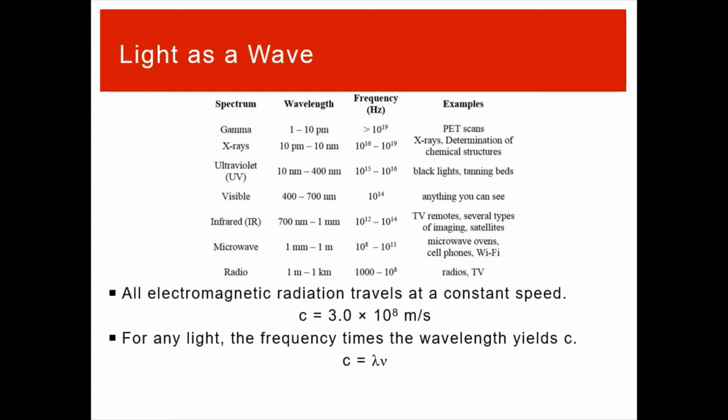And so to put all this together, we can have the equation that c is equal to lambda times nu. The speed of light is the wavelength of that light times the frequency of the light. Because c is a constant, this number on the left side never changes. So over here, these two are multiplying together. As one gets bigger, the other one has to get smaller.